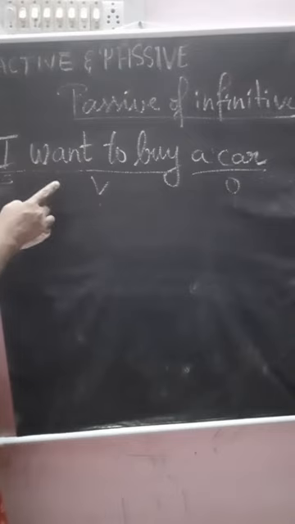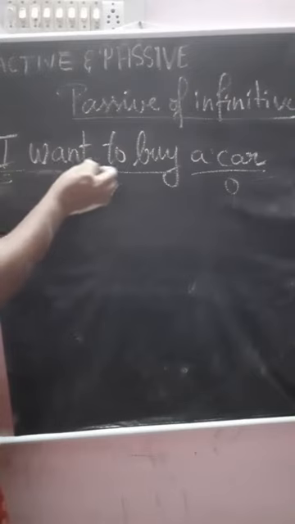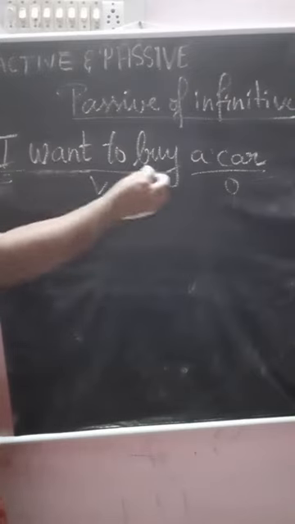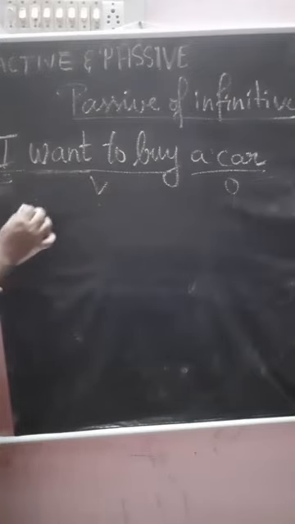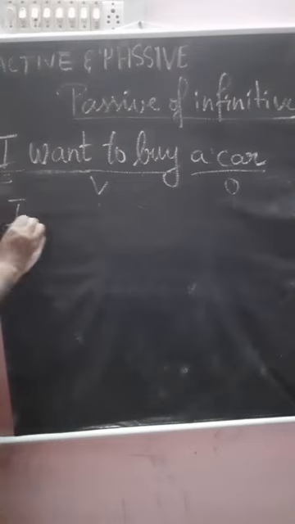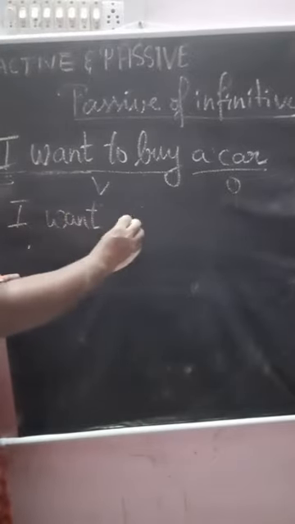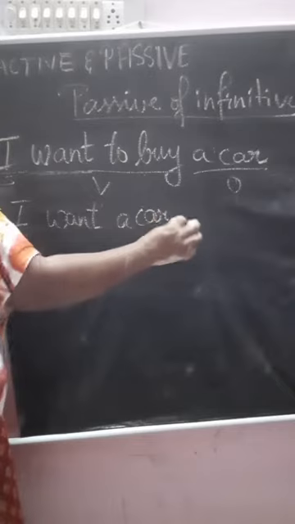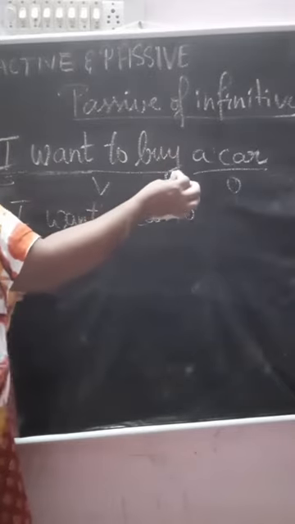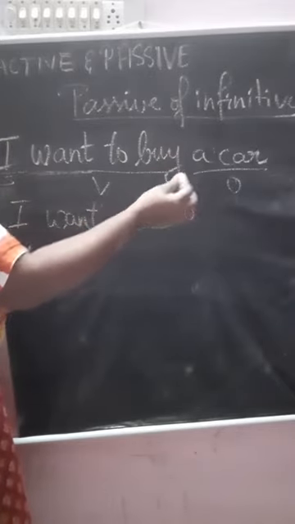So remember, in this type of sentence, that is an action word followed by the infinitive, we have to use the first part as it is, the subject and the main verb as it is. I want. Now you can change the object. I want a car to be plus V3, isn't it?